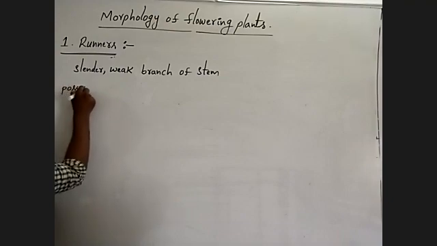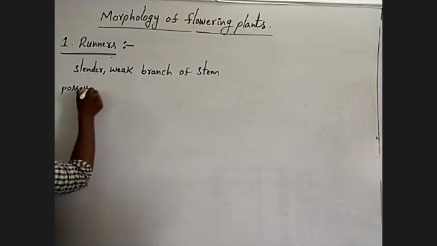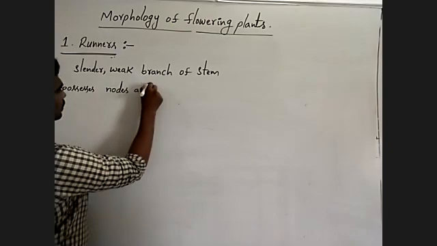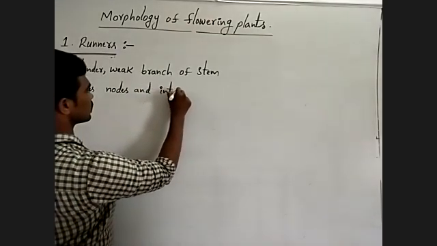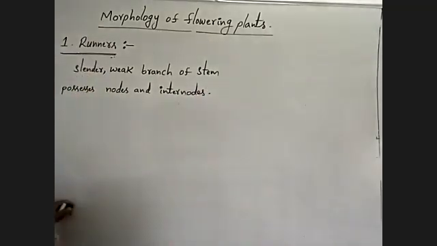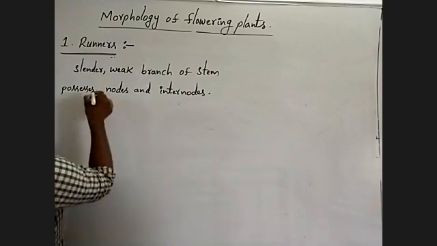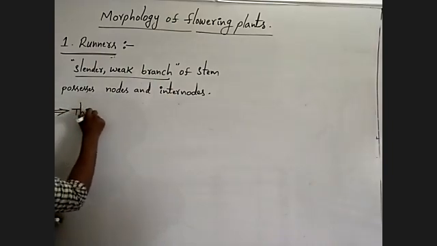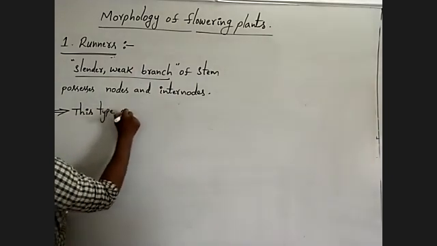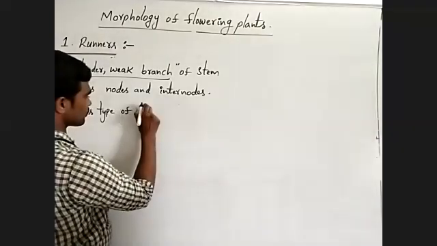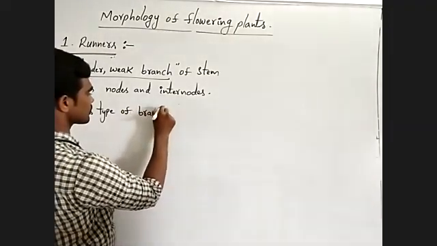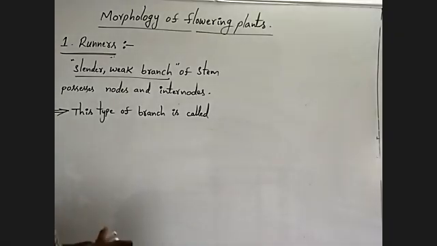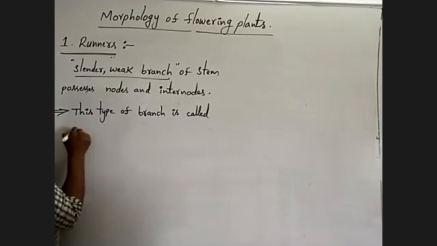possess nodes and internodes. This type of branch is called runner.